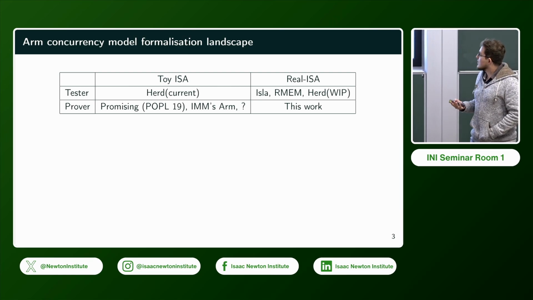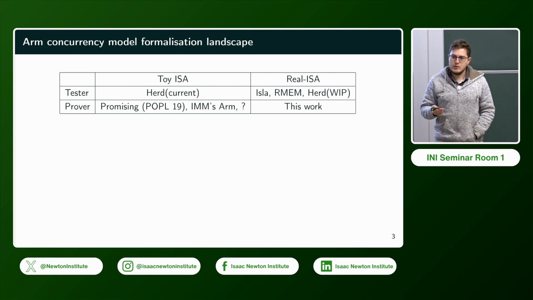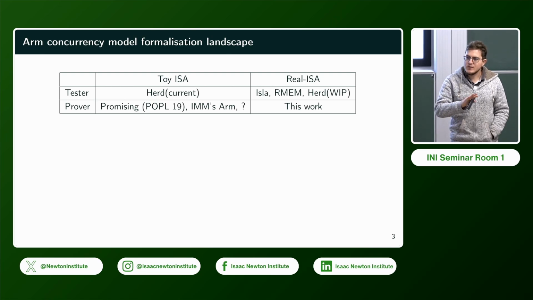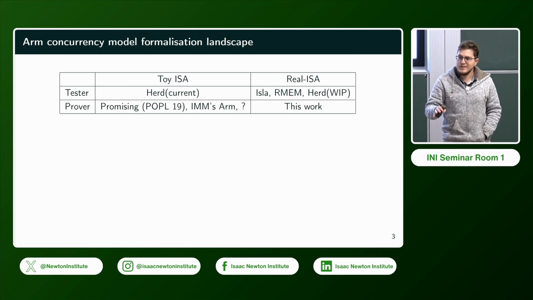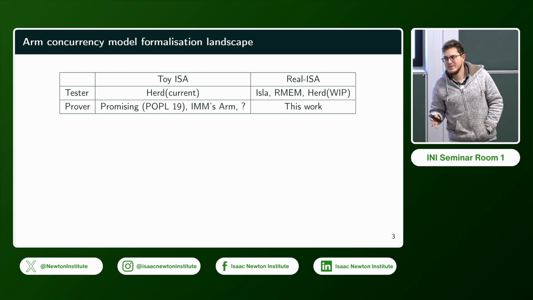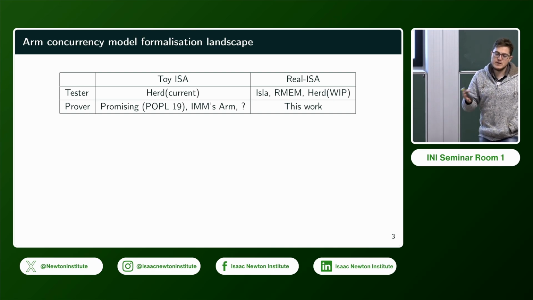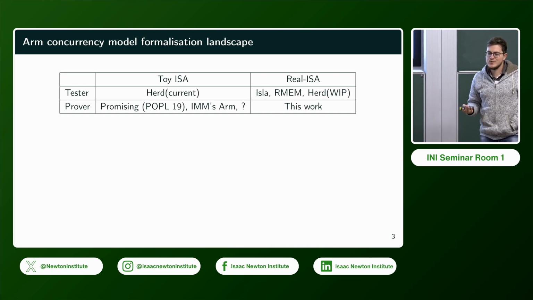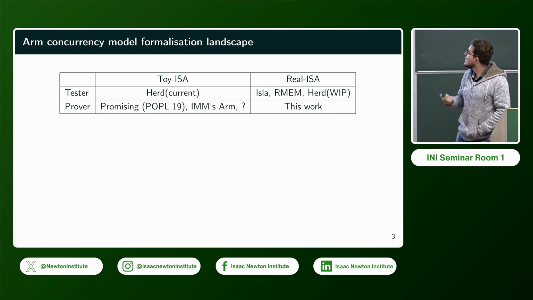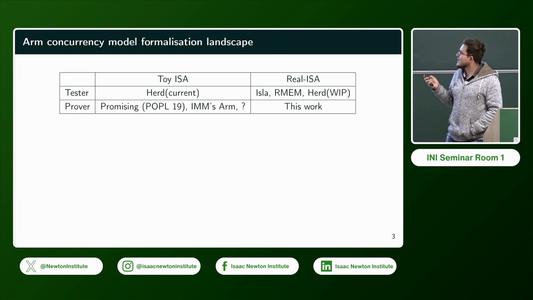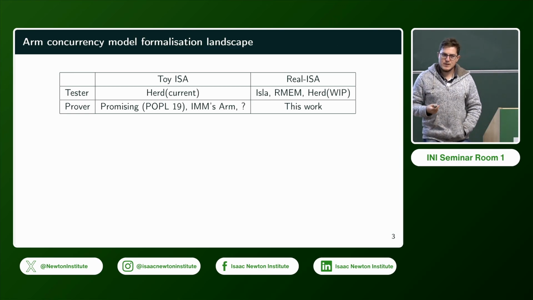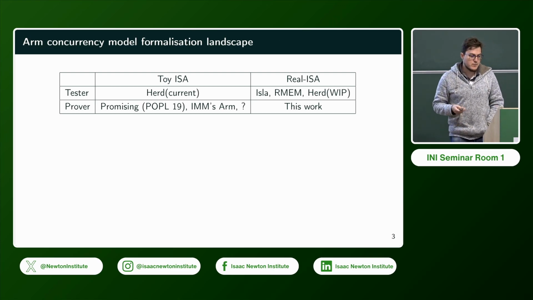Then there are other projects like IMM that define the memory model well, but are totally abstract about what events actually are, like reads, writes, and all that, which is good for proving equivalence between concurrency models, but does not really give us a model of the architecture. So this work is trying to be the intersection of actually working with the real ISA model and inside the theorem prover.